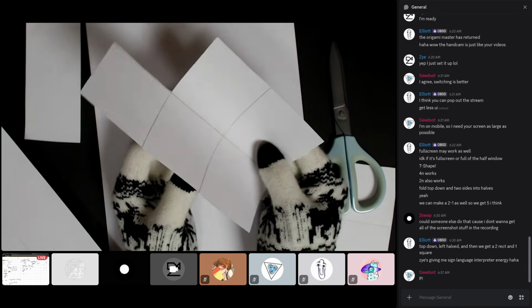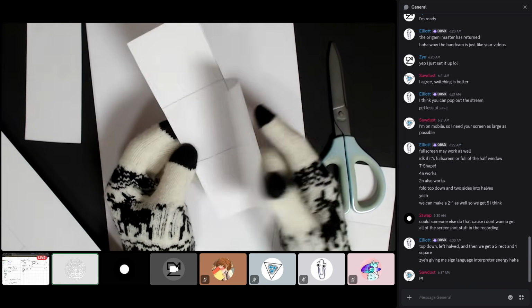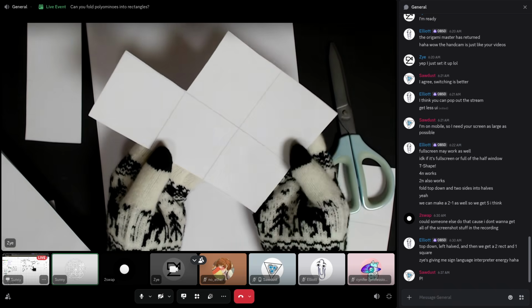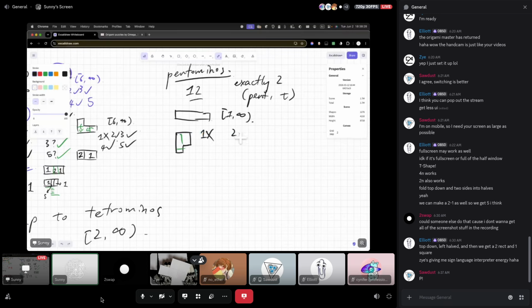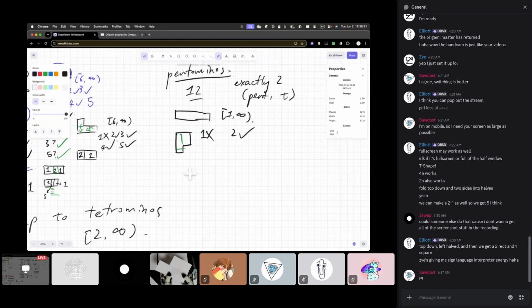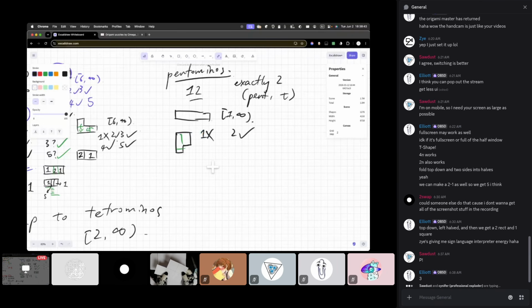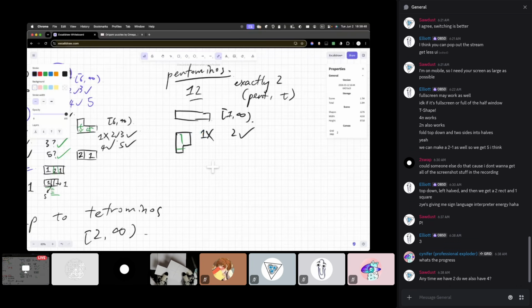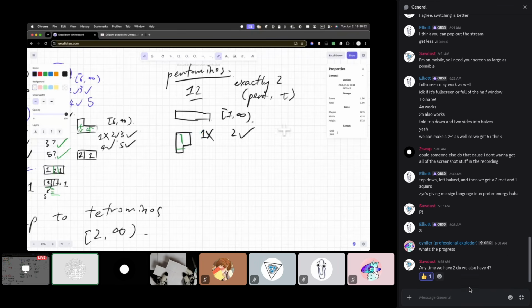Okay, what about thickness 3? Or what about other thicknesses? What are some other easy to do thicknesses? Yeah, every time we have any number, we have any multiple of that number.